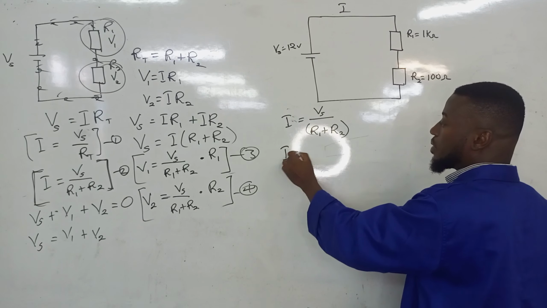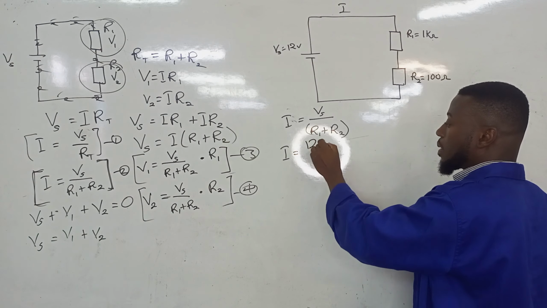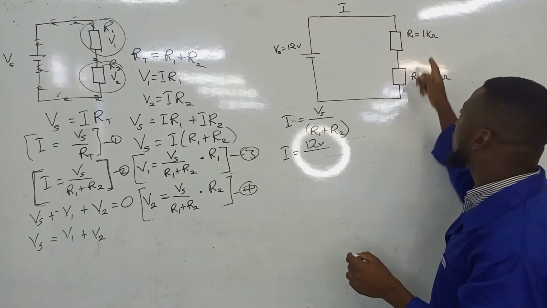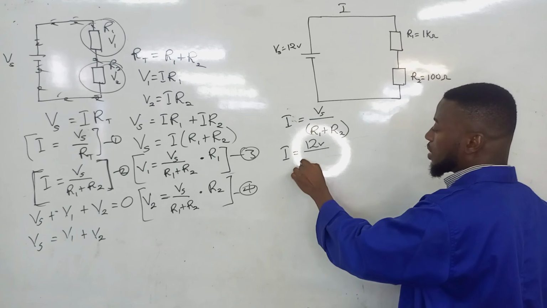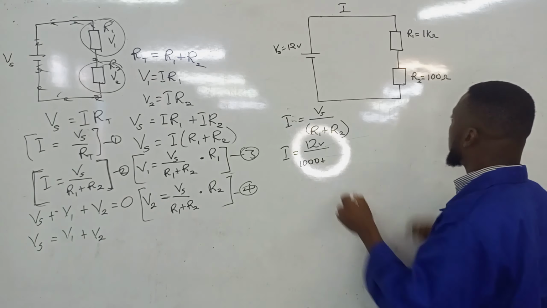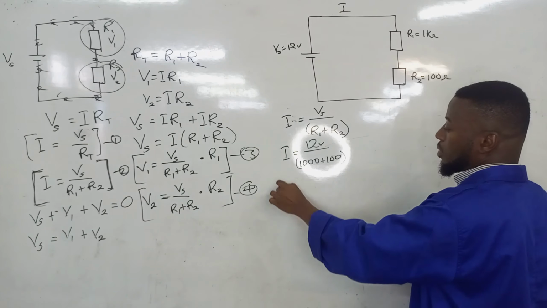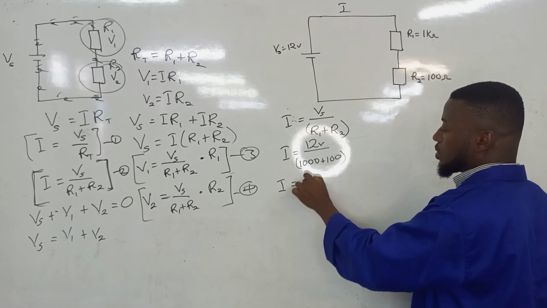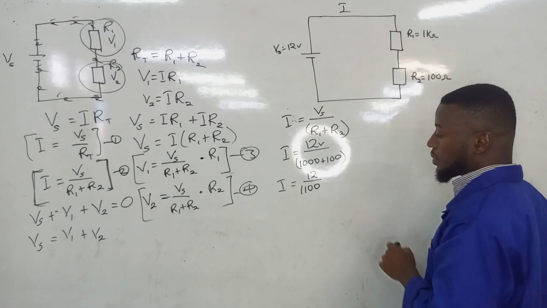So our I becomes Vs, which is 12 volts, on R1 is 1K. 1K is the same as 1,000. So 1,000 plus 100 ohm. We get our I to be 12 over 1,100.